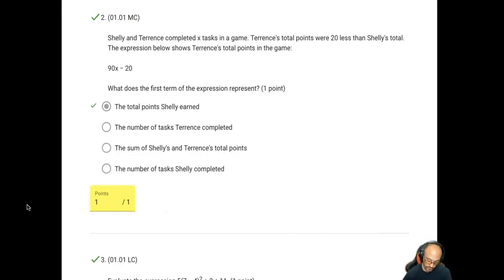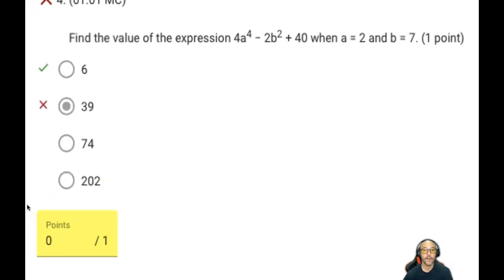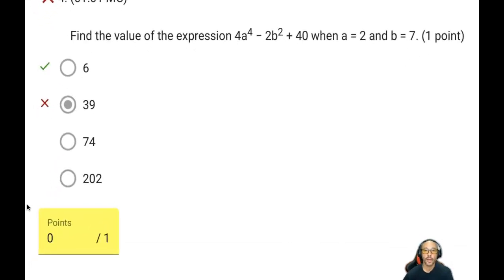The second one that you missed is right here. Find the value of the expression when A equals 2 and B equals 7. So I'm going to highlight here A equals 2, and I'm going to replace that A with 2. B equals 7, replace this B with 7.